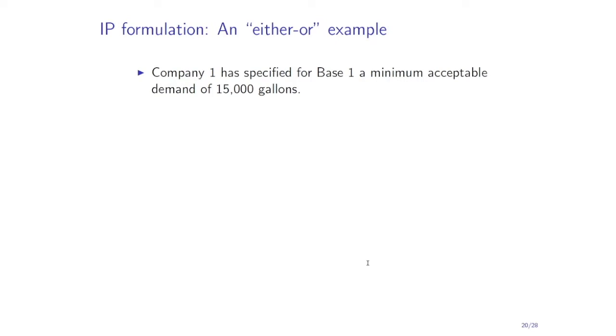Let me write them down. The first acceptable case is that company 1 sends 15,000 or more to base 1. So company 1 supplies greater than or equal to 15,000 gallons to base 1.